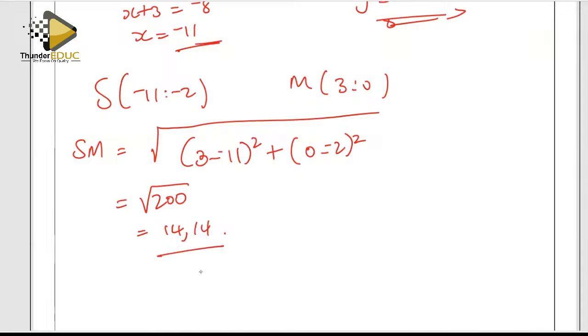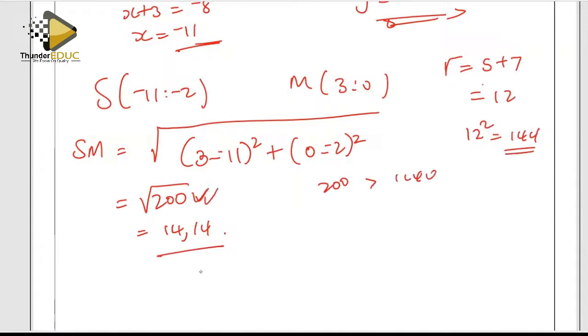Alternatively, somebody would just compare the 200 and the square root, because the new radius, we said, is 5 plus 7, which is 12. And then 12 squared gives us 144. So we can see that the 200 is greater than the 144.